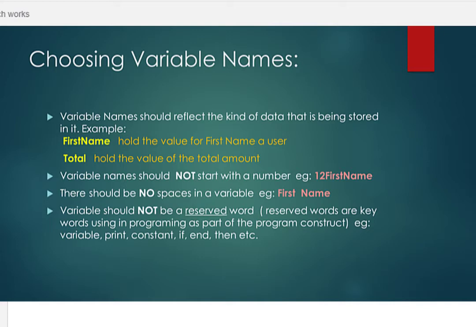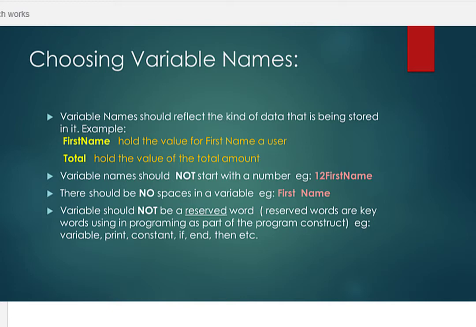Same thing if you're going to be storing the first names of students, a good name for a variable would be first name. If you're going to be storing last names of individuals, what would be a good name for that variable? Can you tell? Okay, so if you guessed last name, then you're correct, because you're going to be storing last names. So the label or the variable name should represent the data that is being stored in there, right?